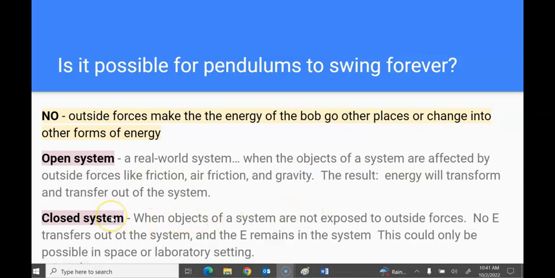But a closed system is more like a hypothetical scenario where the closest we can get to it is in a lab setting where the objects in the system are not exposed to outside forces. So basically, you're just looking at the moving energy or the GPE or the mechanical energy of the system without worrying about heat being lost due to sound or thermal energy, such as heat.